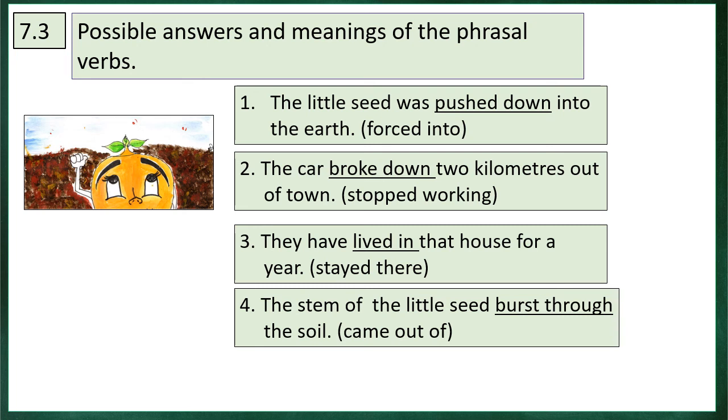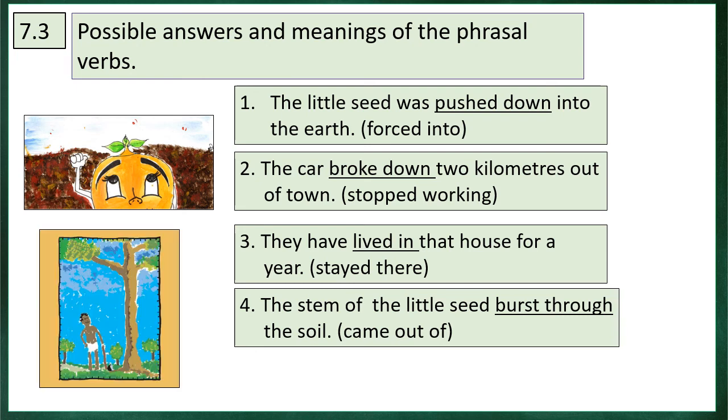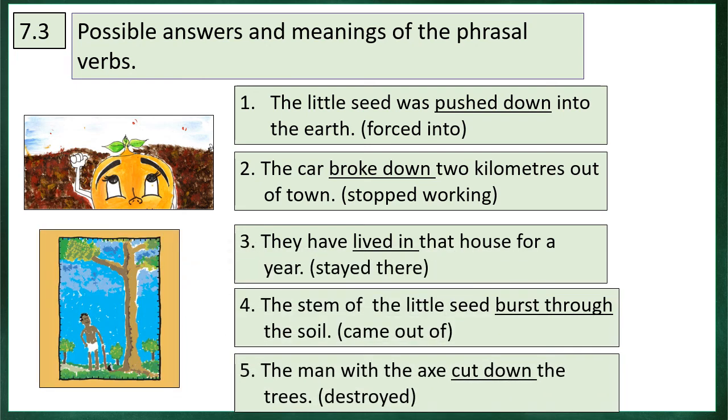And it means, I think, came out of. I wonder what you wrote. And number 5, the man with the axe cut down the trees. What did you write? Cut down, which means destroyed. So those are phrasal verbs, verbs that have more than one word. Great.